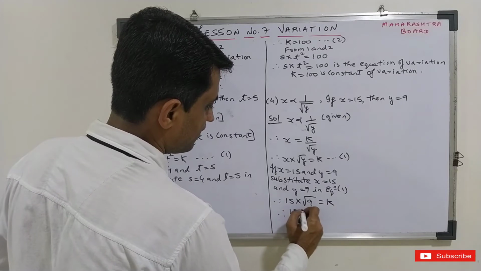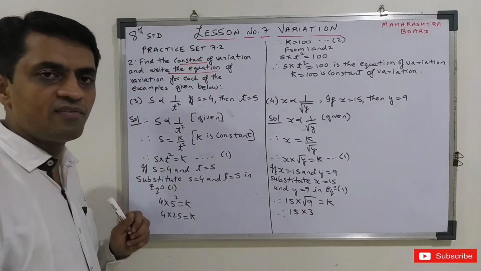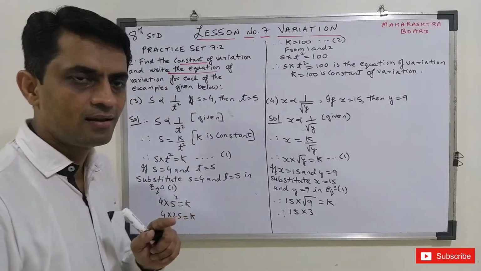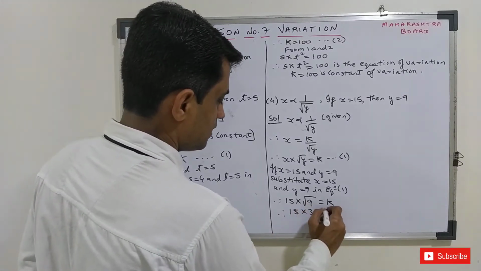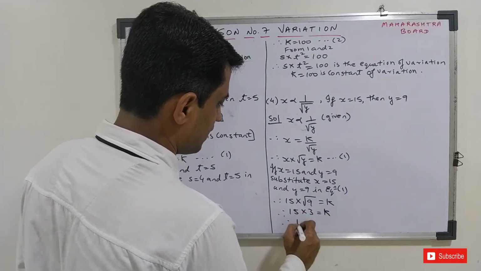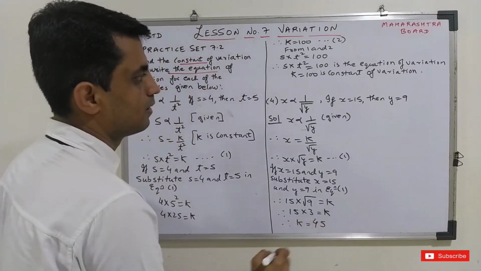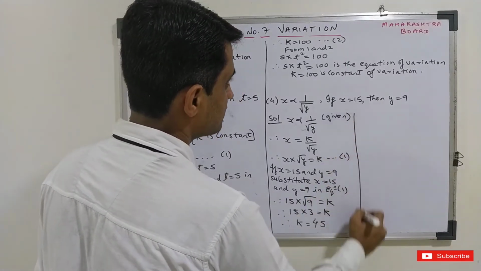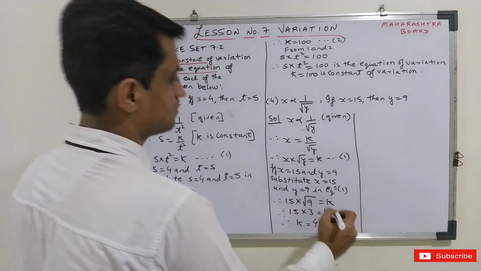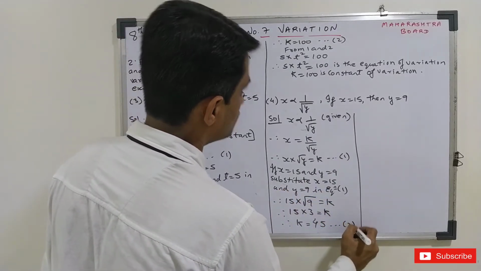So you got 15 into 3. What is the square root of 9? Square root of 9 is 3. Is equal to k. So what you got, k is equal to 45. Then after this we'll write it as 2.